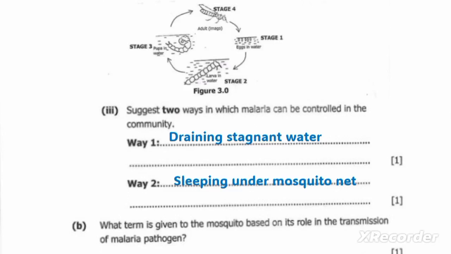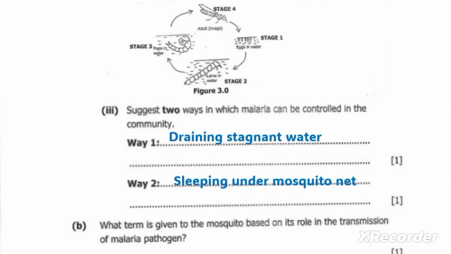What term is used for an organism that is transmitting disease or causing disease? An organism that transmits disease is called a vector. And there are two types of vectors, biological vector and mechanical vector.